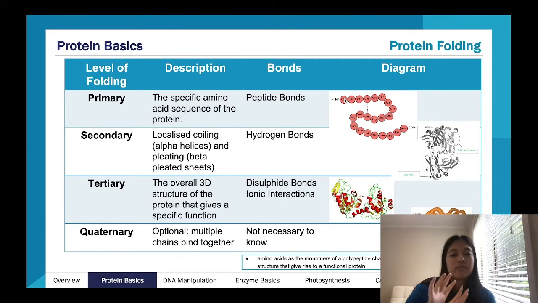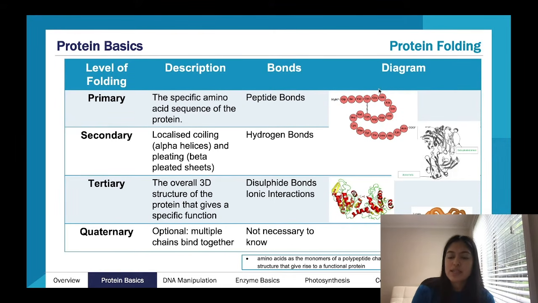Methionine may form an alpha helix with, I don't know, cysteine or something like that. It just depends on the amino acids. That's why all of our different proteins are folded differently. It's very unique because they all have a different sequence of amino acids.